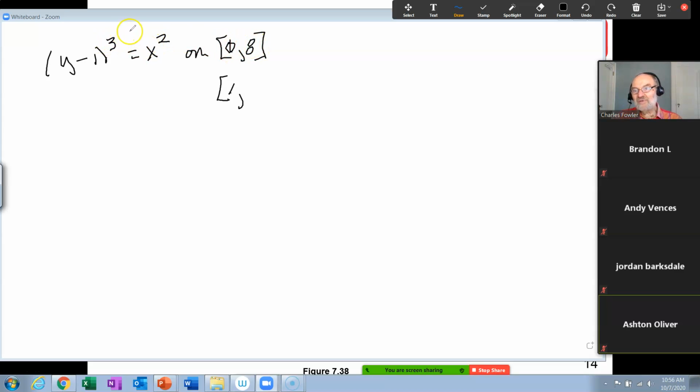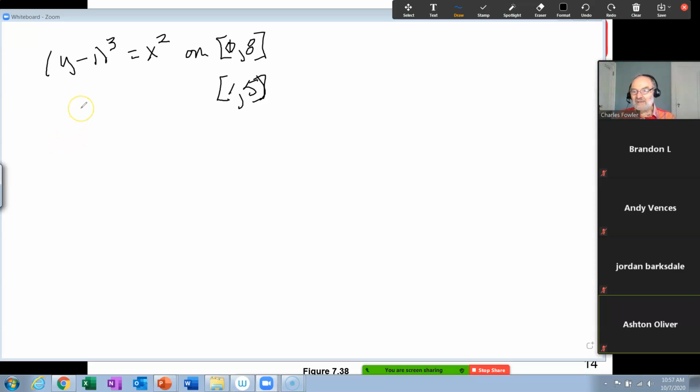Well, the cube root of 64 is 2, right? No, I mean 4. Okay? 4 times 4 is 16 times 4 is 64. So what's in here has to be equal to 4. So y minus 1 is 4. Y would be equal to 5. That would be our limits on y.